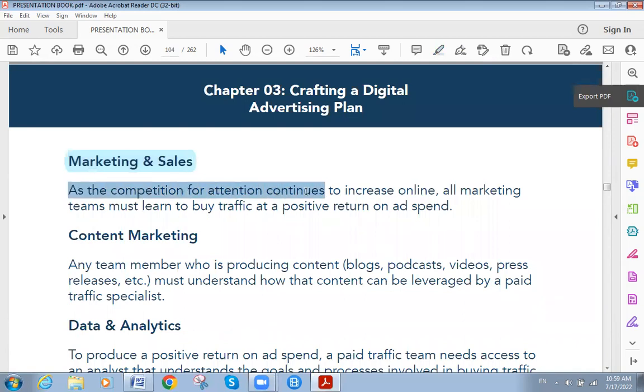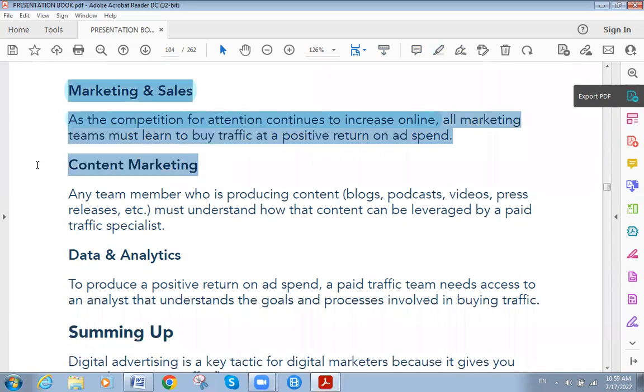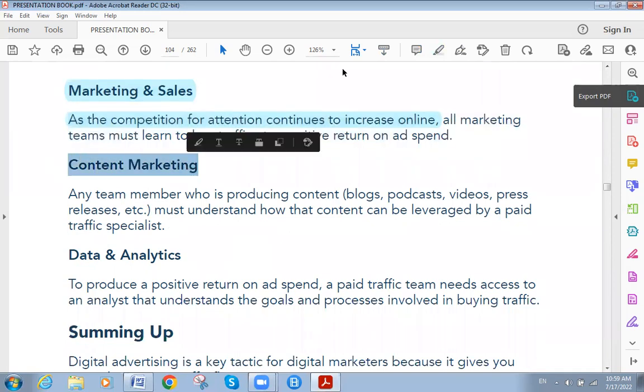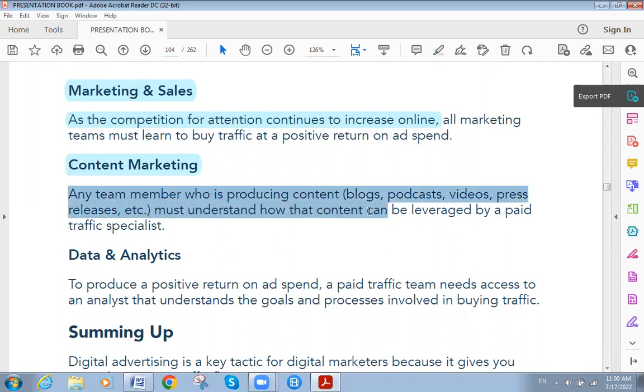The competition for attention continues to increase online. They escalate the attention of the people more and more. Content marketing, and we talked about content marketing before: any team members who are producing content must understand how content can be leveraged by paid traffic specialists.